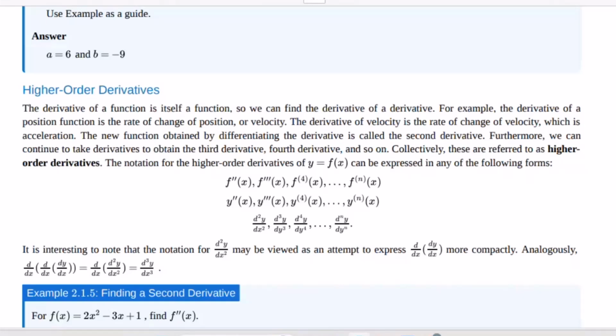In this example 2.1.5, I'm requesting you to find a second derivative. We all know how to find a derivative of a function using the definition that we just used.